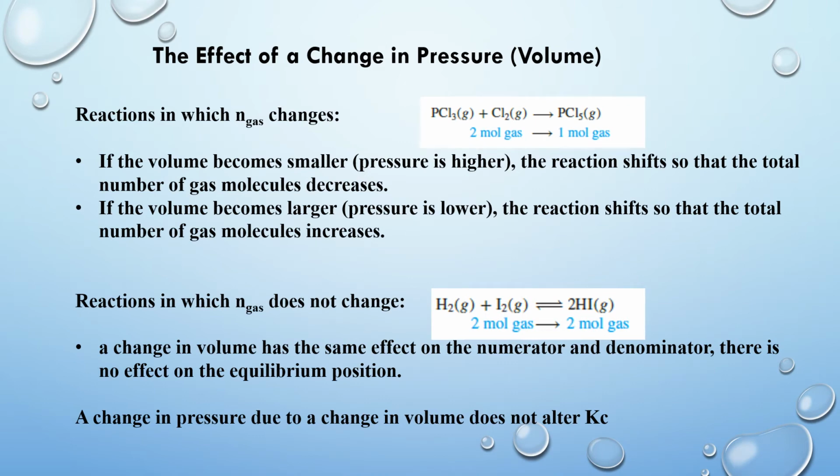So for the effect of a change in pressure or volume, in order to have an effect, we must have a different number of moles, or different number of gas molecules, on the left-hand and right-hand side. Meaning the coefficients for the gas phase should be different. Here I'm talking about the total of the coefficients.